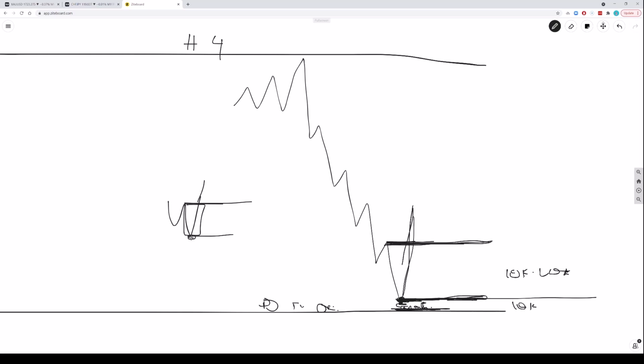So this low, you want to pay attention to it, because if price happens to take the low out here again, that is going to inject liquidity in the market, and then price will go up. So let's say price does this and then it goes up.